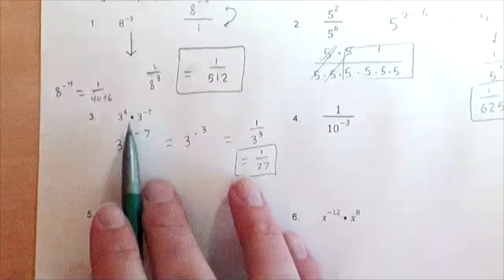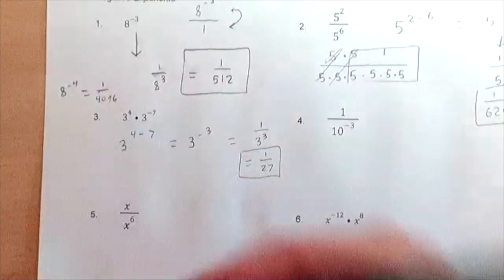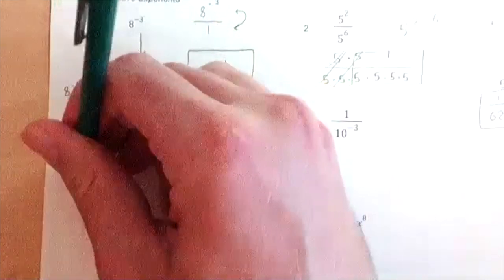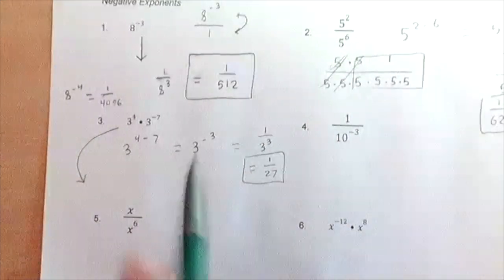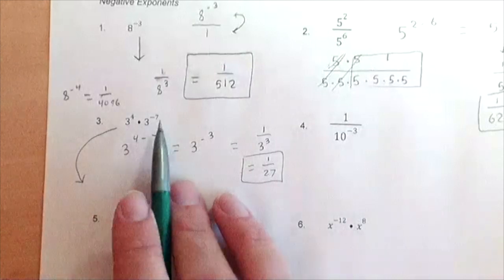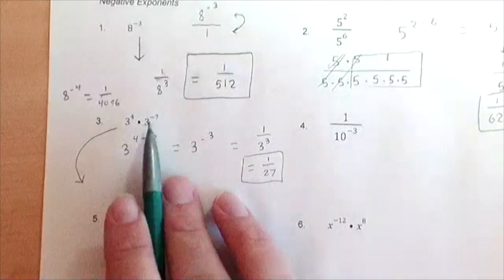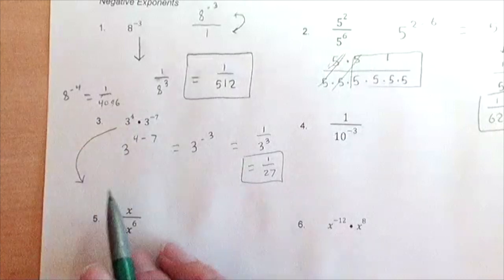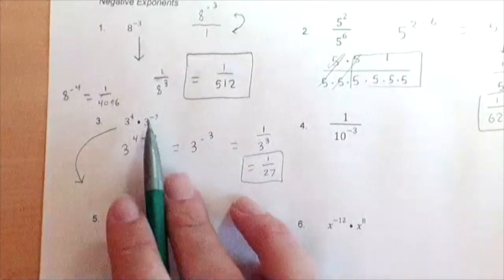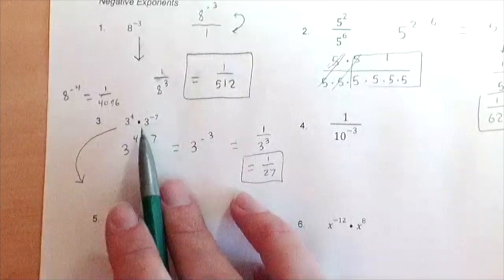But now that we have kind of mastered more of these exponents, I want to talk about how you could simplify this and how it all kind of ties together in a beautiful way. This is 3 to the 4 times 3 to the negative 7. But if we know that 3 to the negative 7 is really just 1 over 3 to the 7, we can put that on the bottom of a fraction.